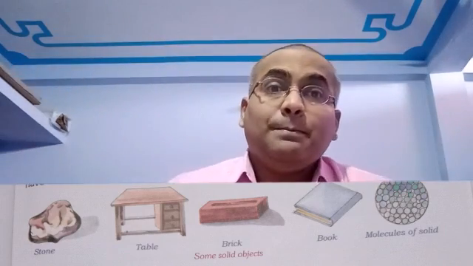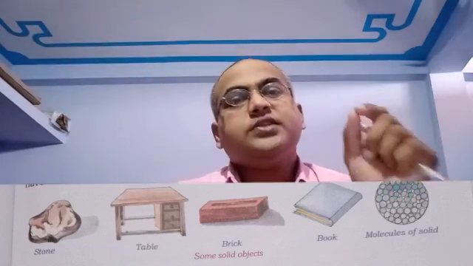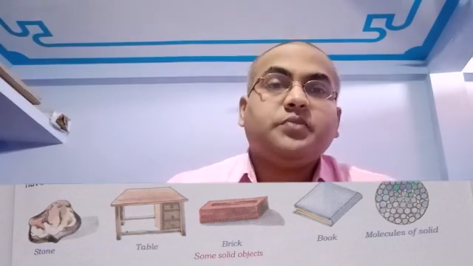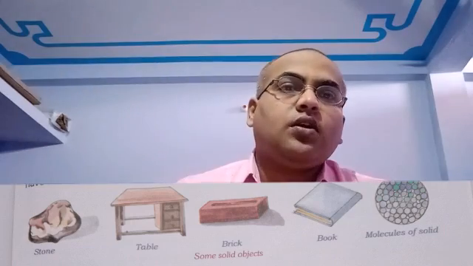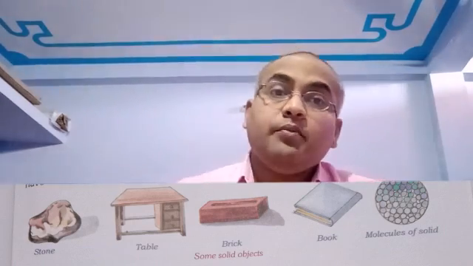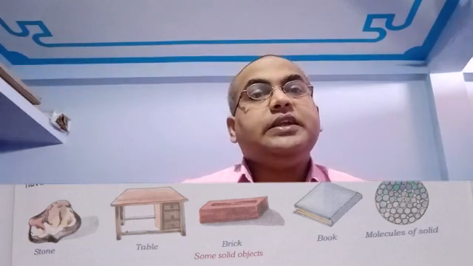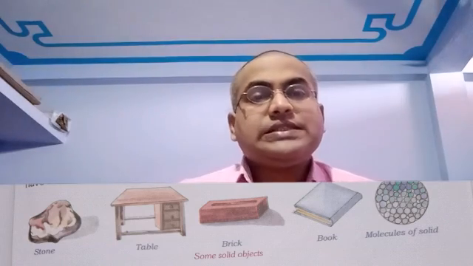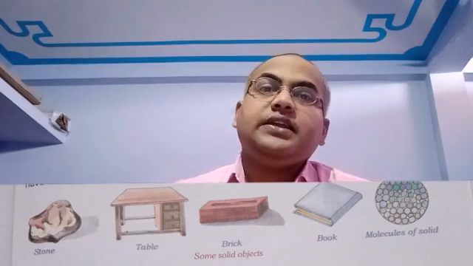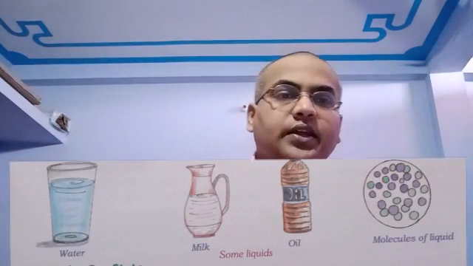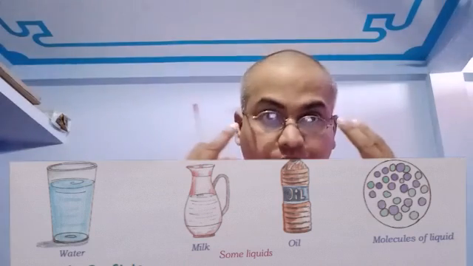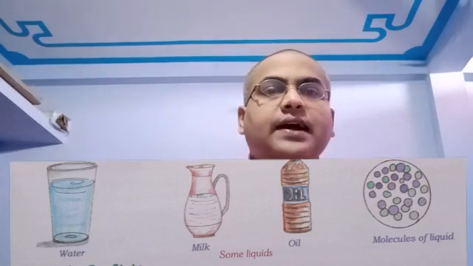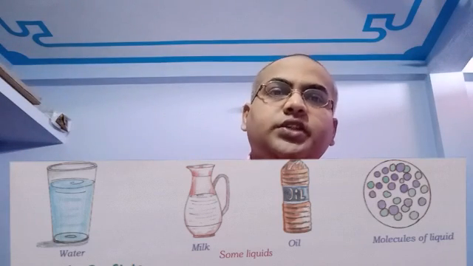Next, matter is made up of very tiny particles, and these particles are called molecules. Molecules can exist independently in nature, and they are very small, so with our naked eyes we are not able to see these molecules.